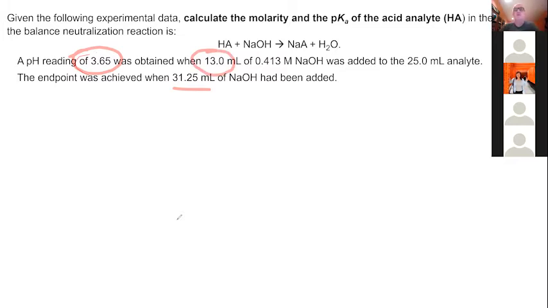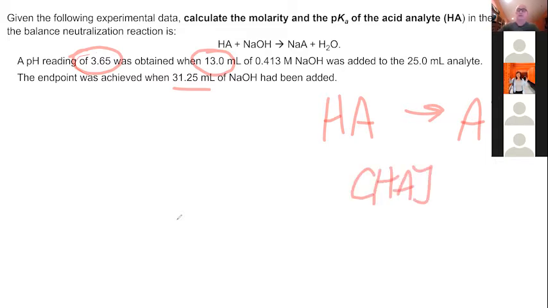The reason why we normally pick midway is that at that point, half of the acid has been converted to conjugate base. And at that point, the concentration of the acid should equal approximately the concentration of conjugate base.